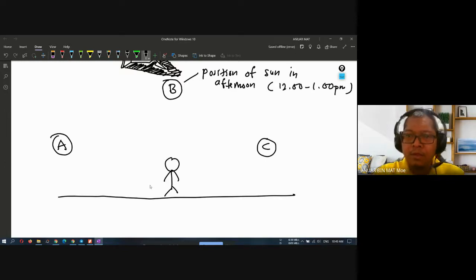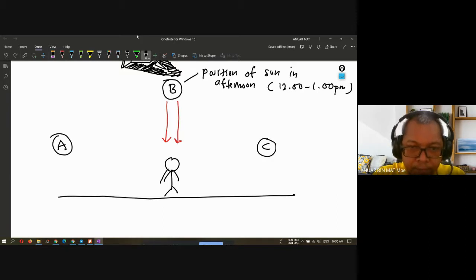You must remember, the light will travel in a straight line. So the light will travel from the center position onto the person over here. And then what happened to the shadow? The shadow of the person over here will become shorter.